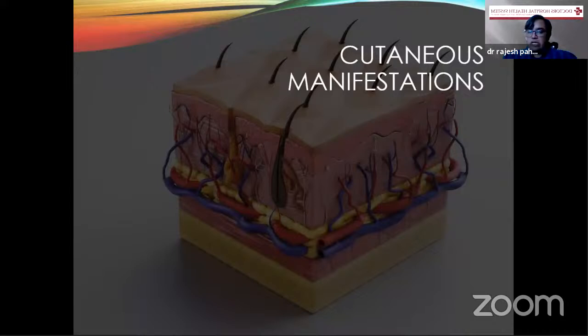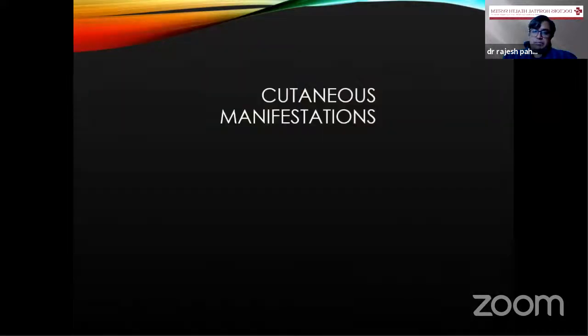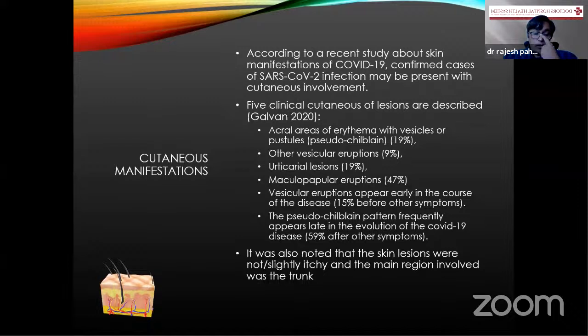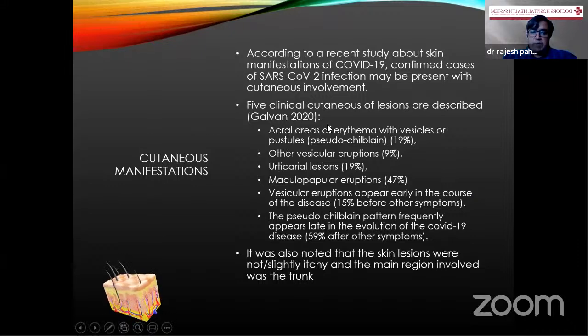Now coming to the cutaneous manifestations. According to recent studies published about the skin manifestations of COVID-19, patients with confirmed COVID-19 infections may present with cutaneous involvement. Galván described 5 clinical patterns of the lesions.